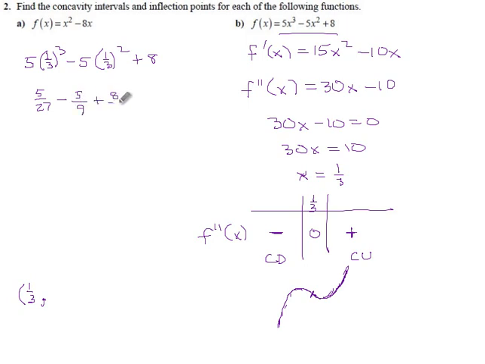Plus 8. I'm going to make that 8 over 1 because the trend is all these things are going to be fractions. Our common denominator is 27. So 5/27 minus, triple both of these, and we get 15/27. Multiply both of these by 27, and we get 27 there.